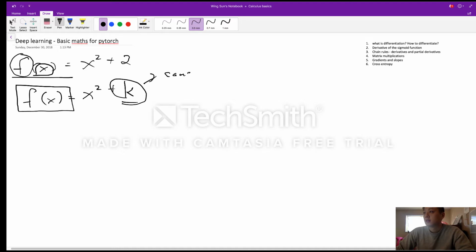It's a very critical piece of information because it goes into your derivatives. Constants, if you differentiate a constant, that constant will become a 1. So let's go back to this.